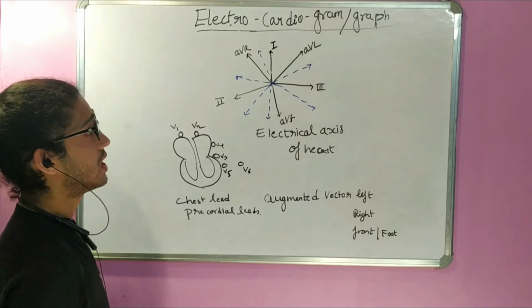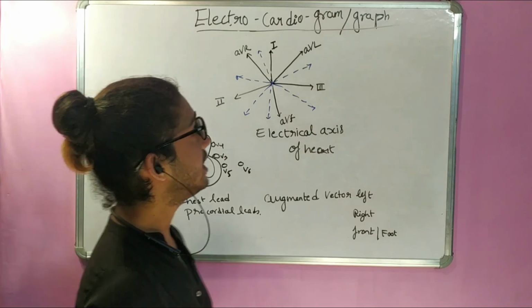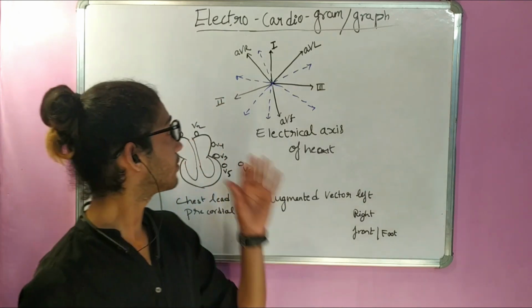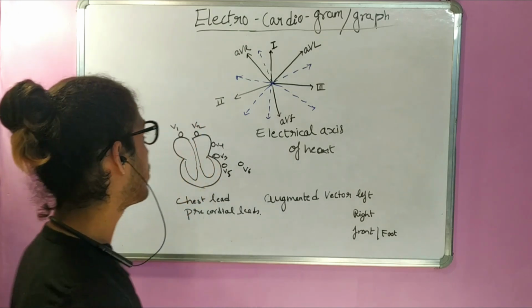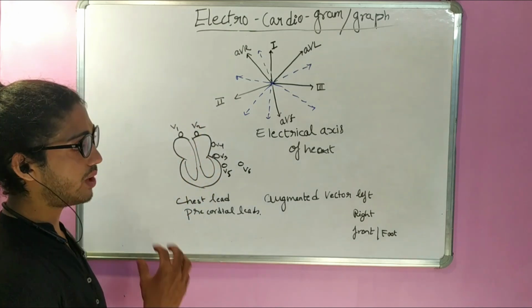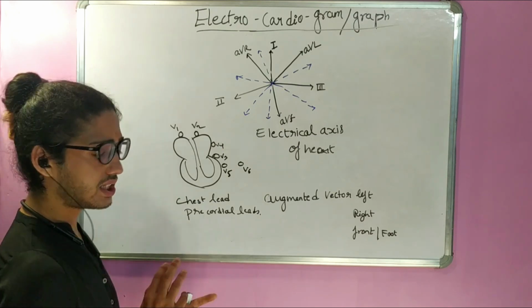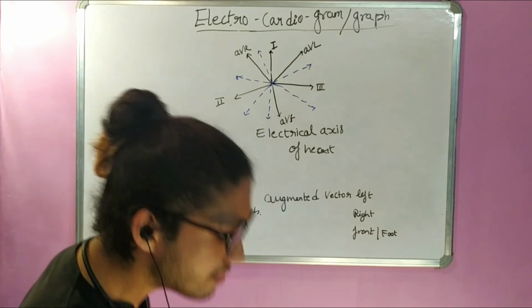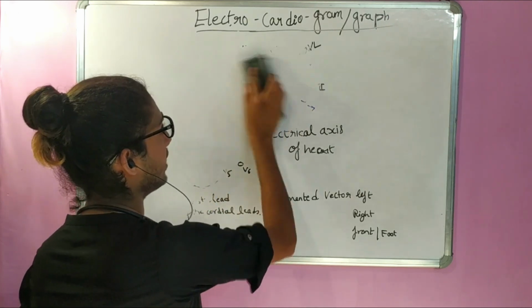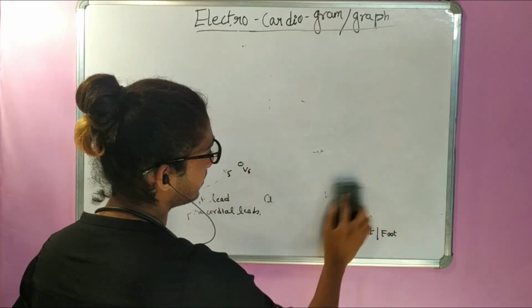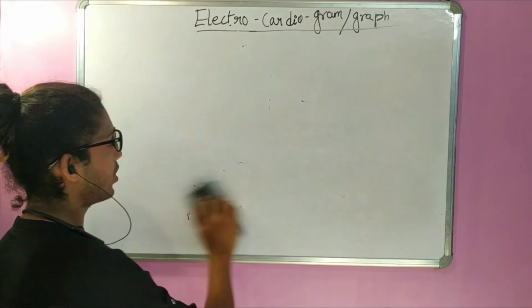Okay, now we shall look at the normal ECG curve. Okay, another fact before we go ahead. Another fact we have to keep in mind is that this myocardial depolarization actually depends on which lead is sensing the depolarization.